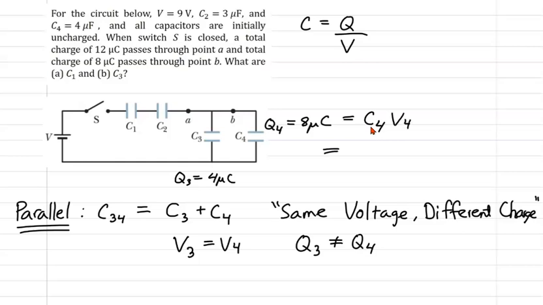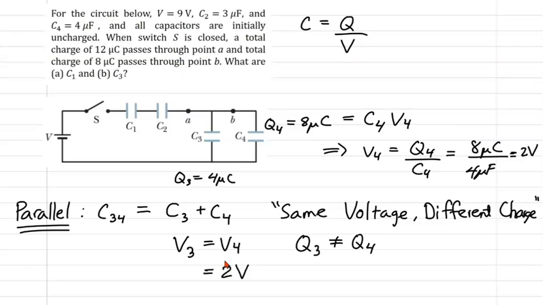Which means V4 is equal to Q4 over C4, 8 microcoulombs over 4 microfarads, which is 2 volts. Since V3 equals V4, this also means that V3 equals 2 volts.